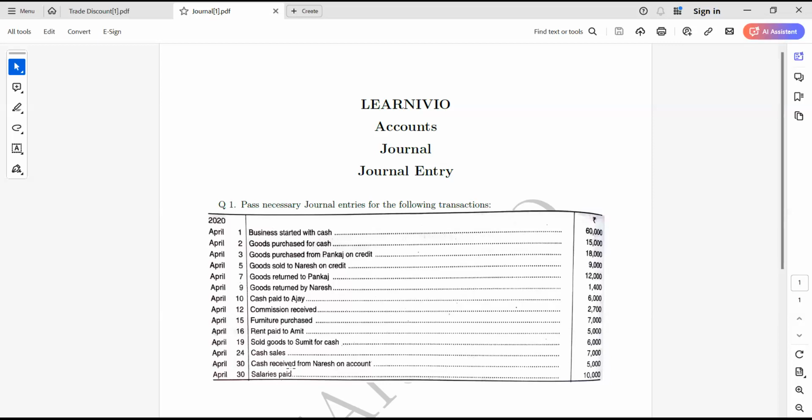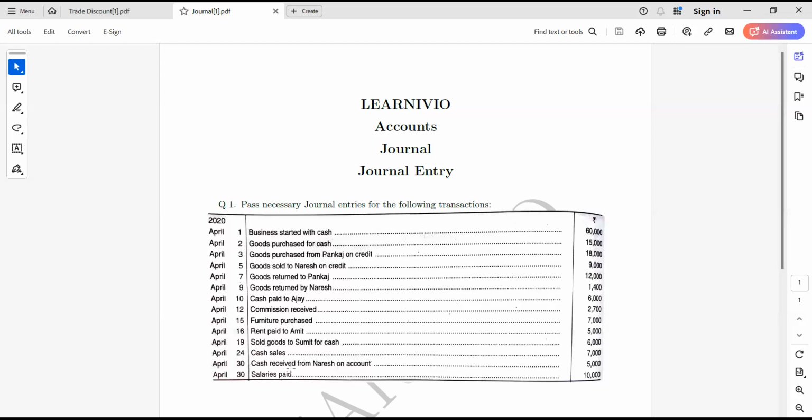And cash sales, what will happen with this, sir? Cash sales, again, the same thing: goods sold for cash. I didn't understand the entry. Cash sale means goods sold for cash.